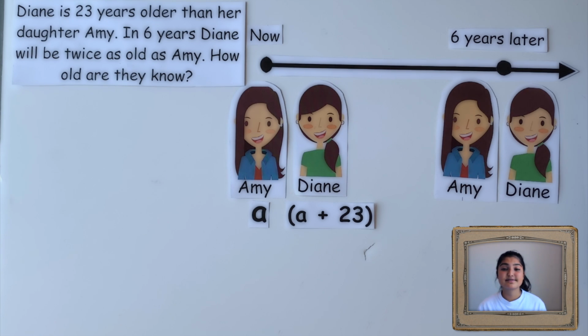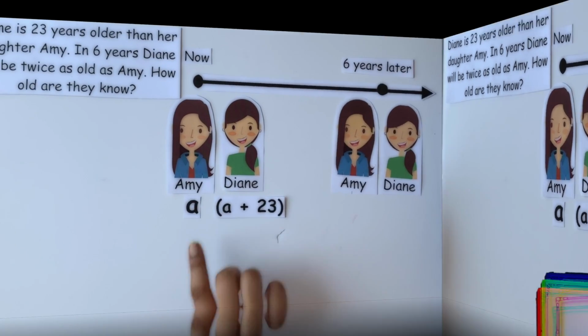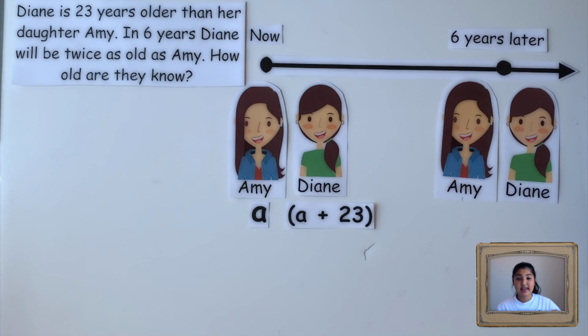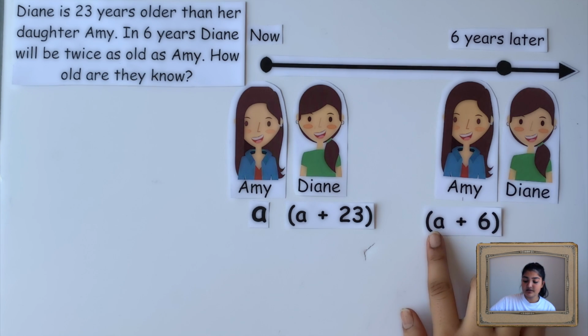Well, to find their ages, all we have to do is add 6 to their current ages. Amy is A years old. So in 6 years, Amy's age will be A plus 6.